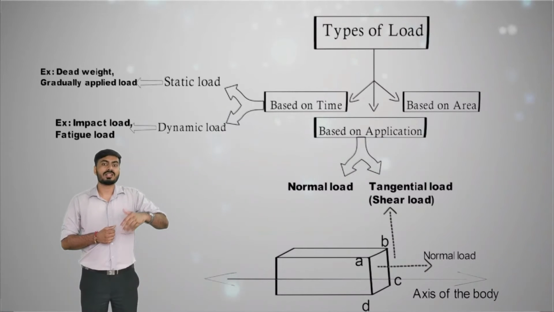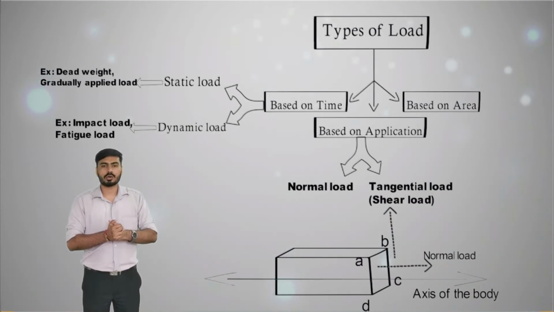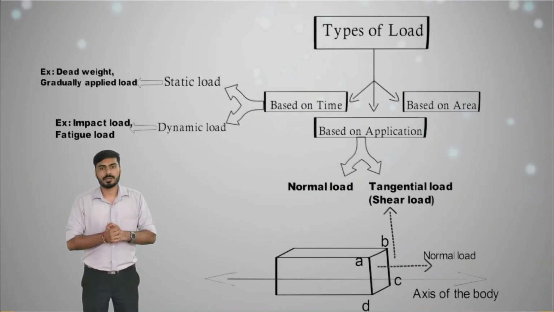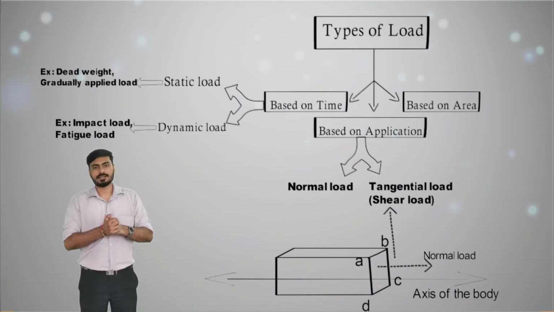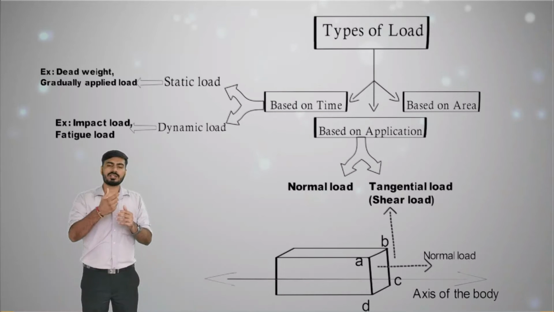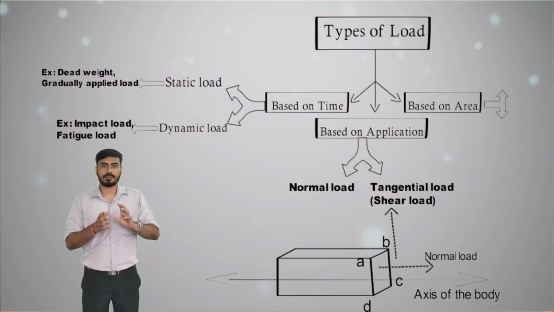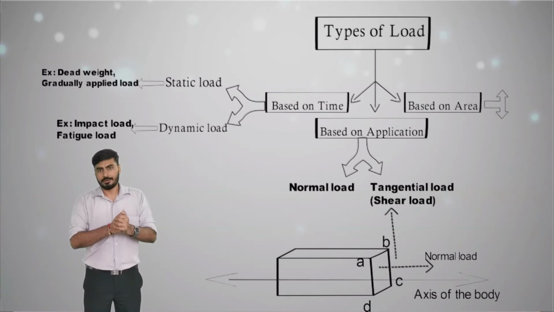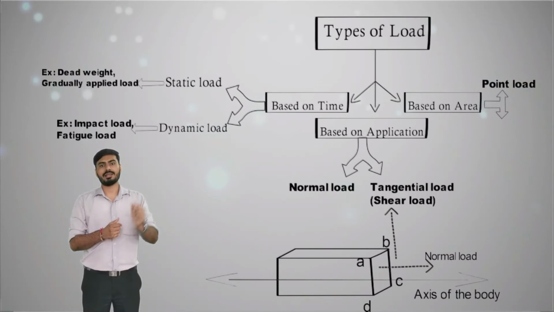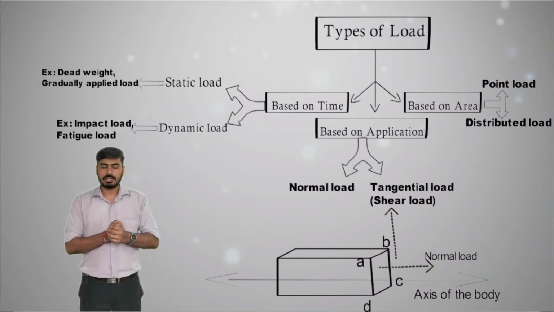Now let's move on to the third category, that is the category based on the area. There are two types of load possible under this category, that is the point load and distributed load. Both categories are relative categories. So you can find it as per your reference, whether you are considering the reference as a whole surface or a particular small elemental area. So understand this topic very clearly.